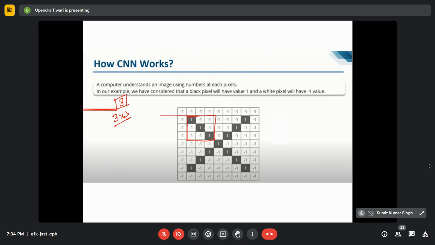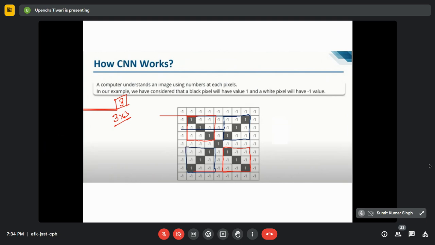Okay, and can I say that this is the same as this one? Yeah, in the same way, this is the 3x3, and this is the same as this one.